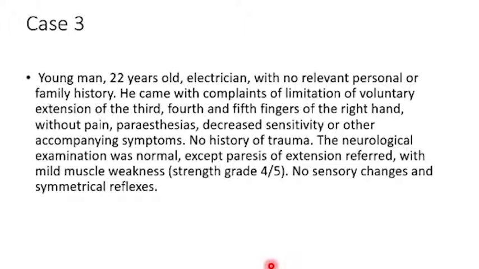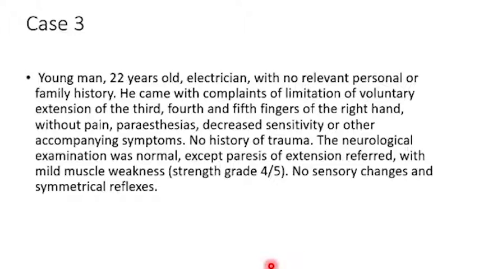So now the final case we'll do. Take us through this case. So he's a 22-year-old man, electrician, with no relevant personal or family history. He complains of limitation of voluntary extension of the third, fourth, and fifth fingers of the right hand, without pain, paresthesia, decreased sensitivity, or other accompanying symptoms.